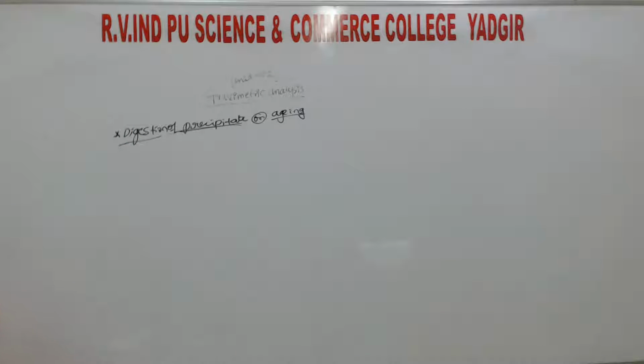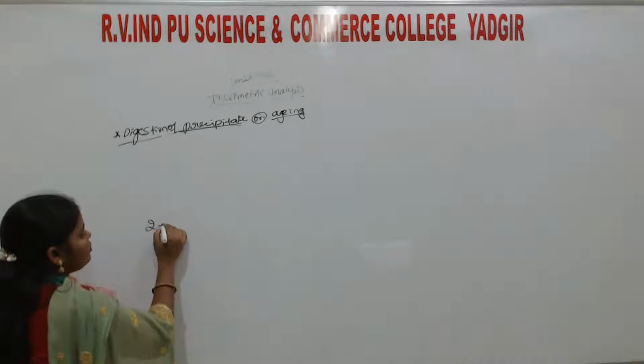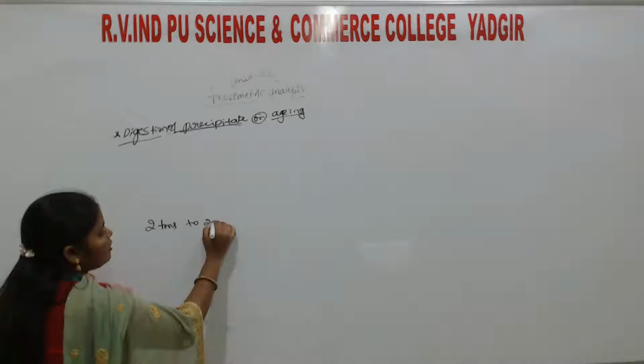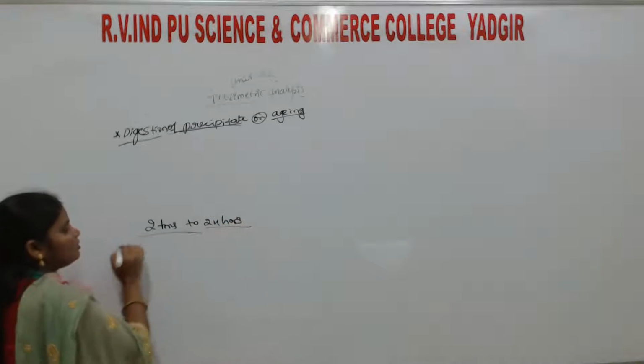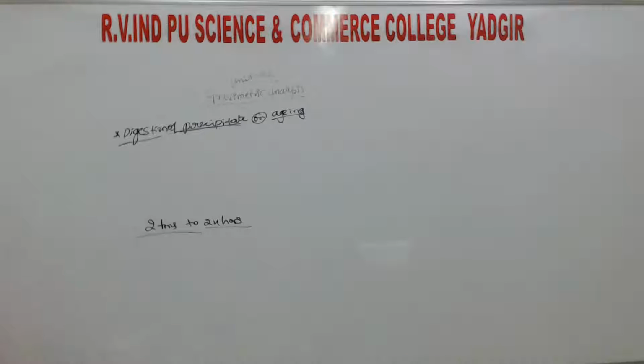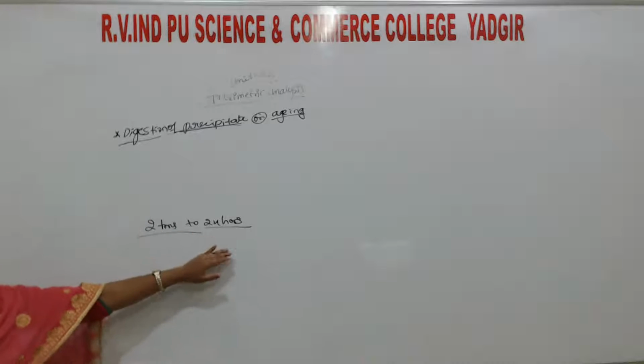In the digestion of precipitate process, the precipitate is allowed to stand in contact with its mother liquor, usually for 2 hours to 24 hours.